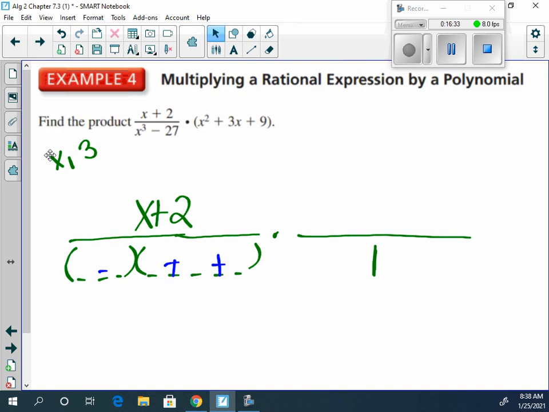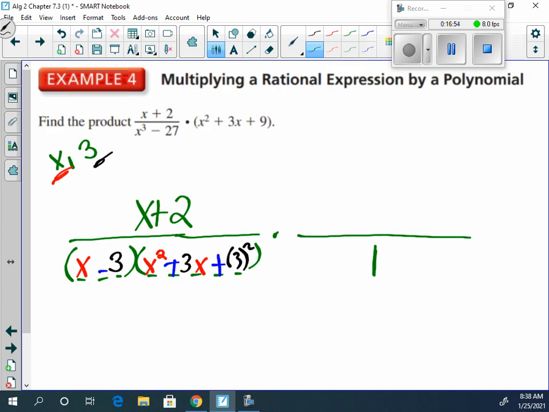Now if we plugged in our first term, x, we'd have x squared, and then we would have x. Now if we plugged in our second term, the 3, well, the first one will have 3 squared. Well, what is 3 squared? 9, right? This here would be x squared plus 3x plus 9, yes?